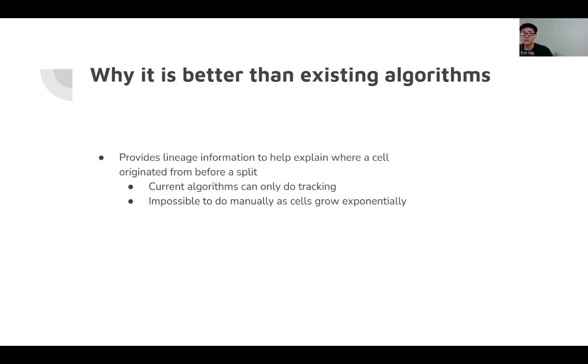Most current algorithms today can only do tracking, but Cell Universe provides this information knowing that it's going to be used by researchers or biologists who need this kind of cell information. If you think about doing this manually, because cells grow exponentially, eventually it's going to be really hard to keep track of which cell is dividing throughout which frames of the video. Just having this information is super useful.